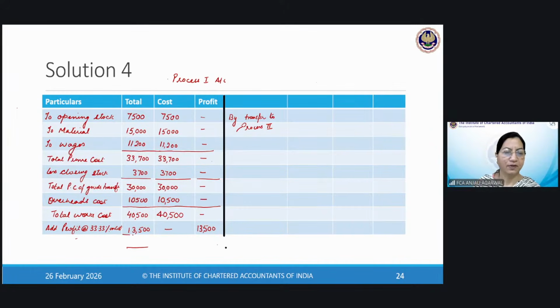So what is the value of goods moving to the next process? 54,000 worth of goods will move to the next process, whose cost is 40,500, in which the profit is 13,500.